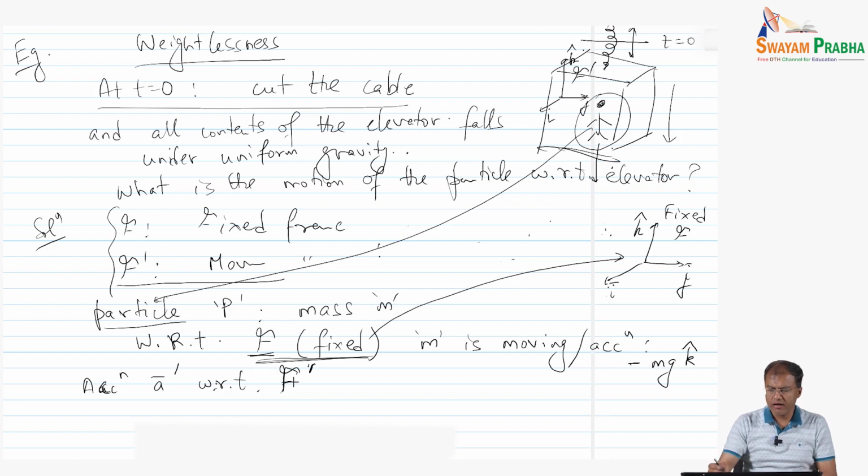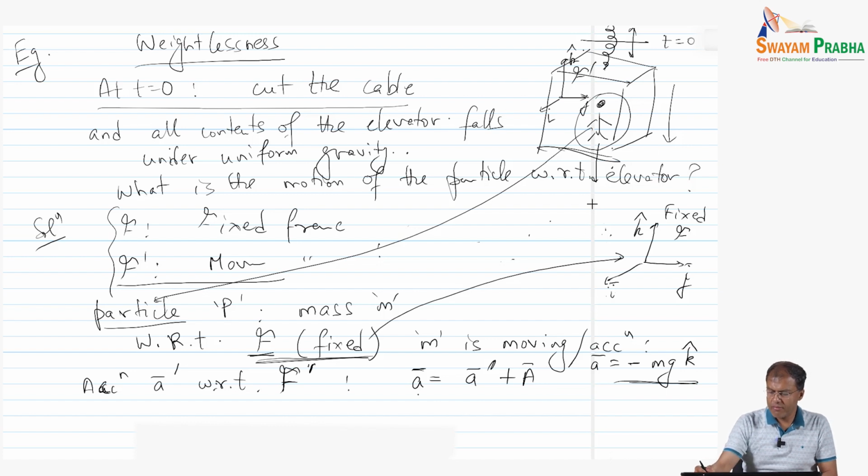That is, what is the acceleration of this particle in the moving frame? The formula is that the acceleration in the fixed frame is equal to the acceleration in the moving frame plus the acceleration of the frame itself.